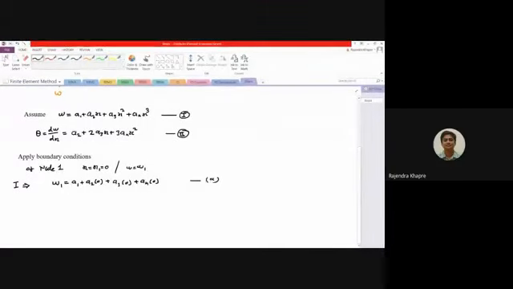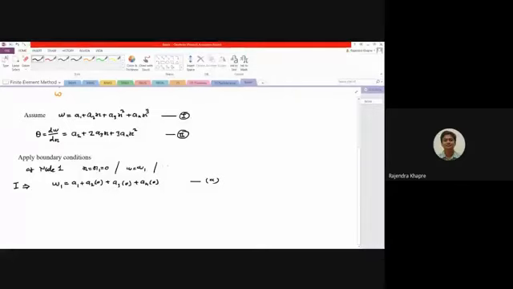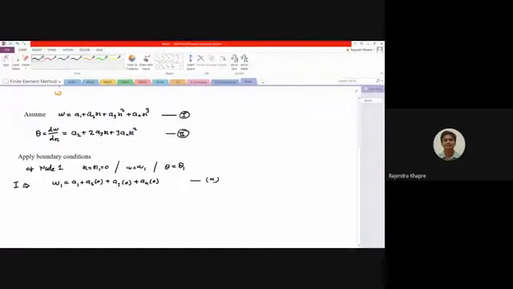Similarly, if you substitute the same boundary conditions, we also know that at node 1 the value of theta is called theta1, isn't it?